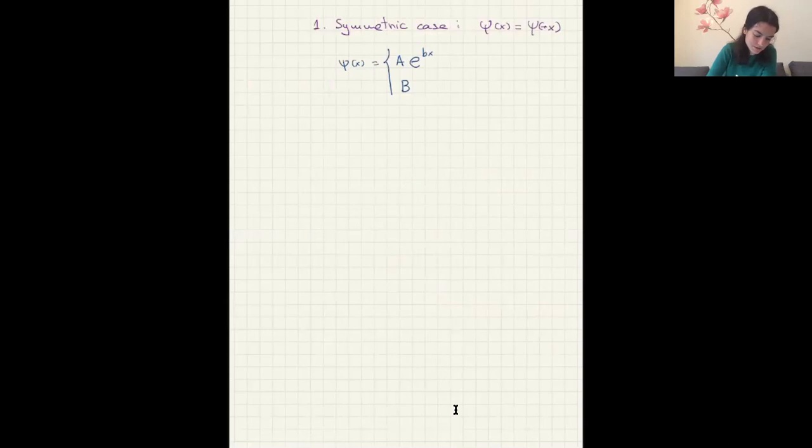So you get some b cosine of kx, and then you get a e to the minus bx. And this is for x less than minus a, x in the middle, and x larger than a.